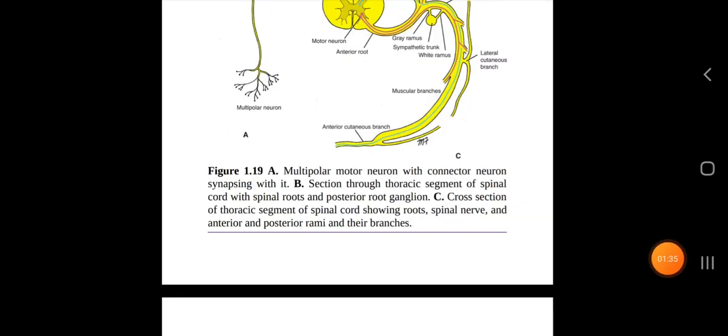The figure B, section through the thoracic segment of the spinal cord with spinal roots and the posterior root ganglion.